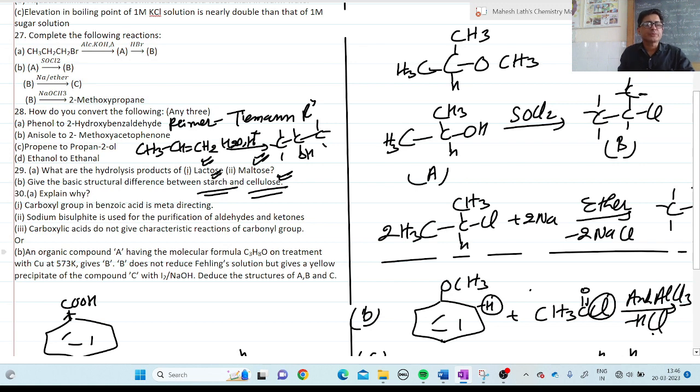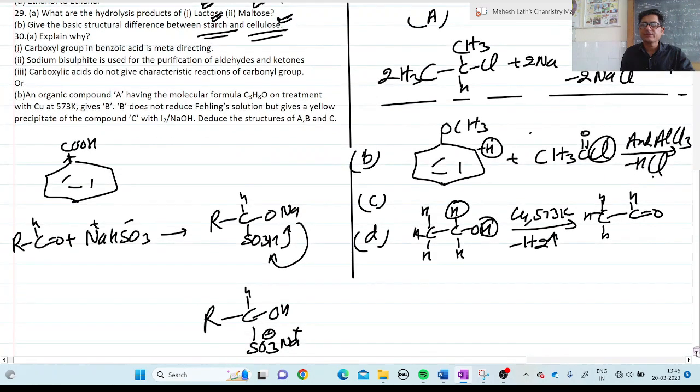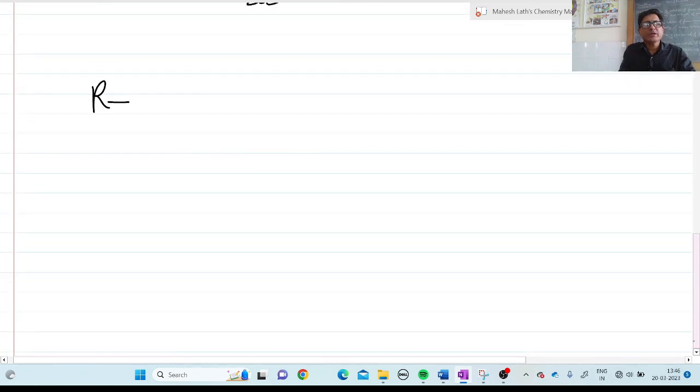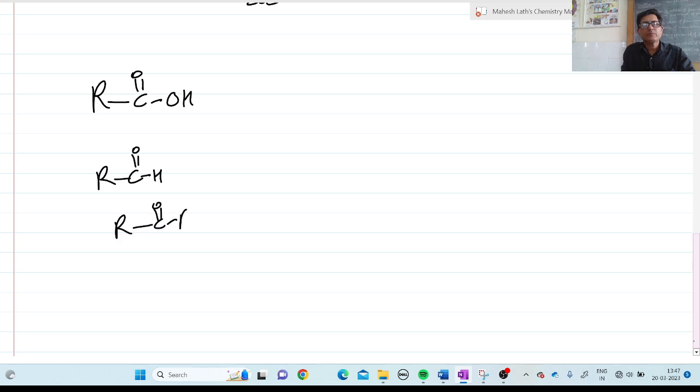From its solution. Next one: carboxylic acids do not give characteristic reactions of carbonyl groups. Very important question. Both carboxylic group and carbonyl groups contain C=O, whether it is aldehyde or ketone. But the lone pair of the carboxylic group is delocalized, as electron migration takes place.